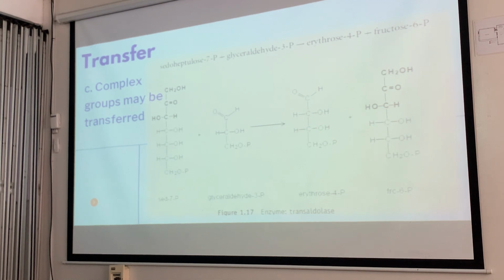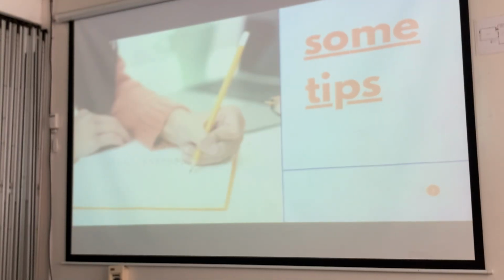The P there is the phosphate half. So it will transfer a C3 unit to glyceraldehyde to produce your products E4P and F6P. Later, when we talk about those things, you will understand.